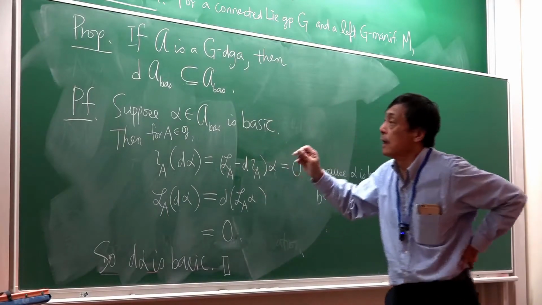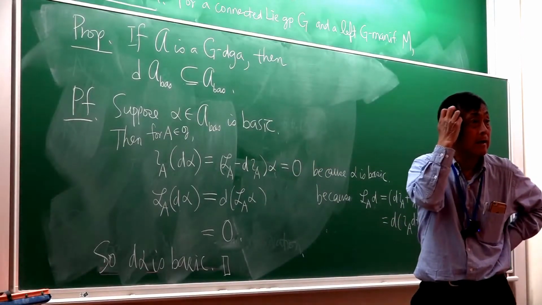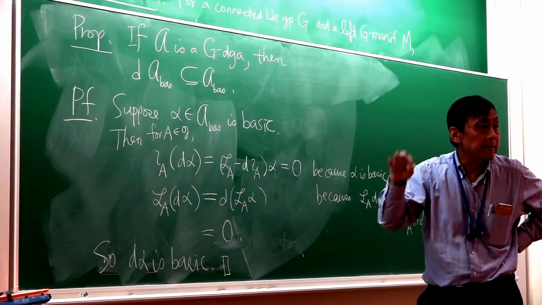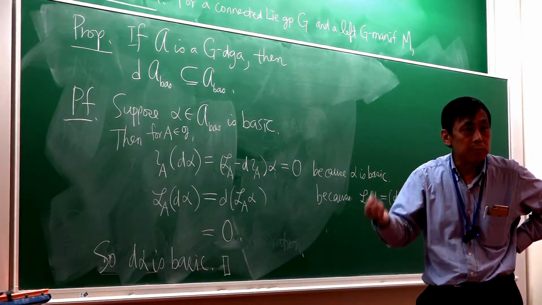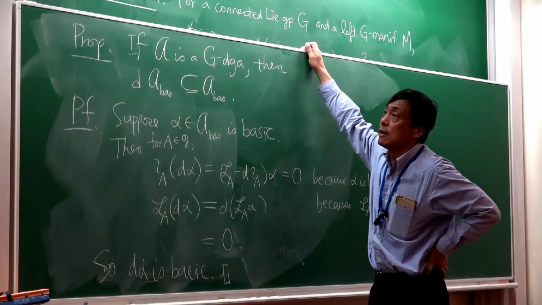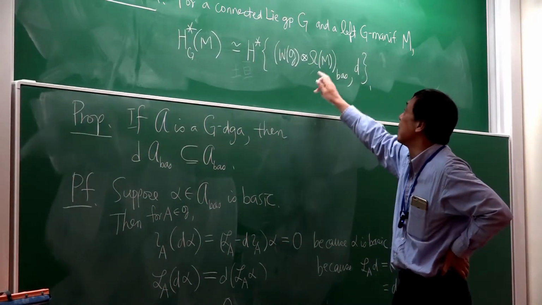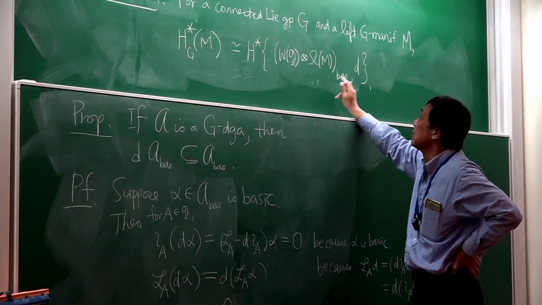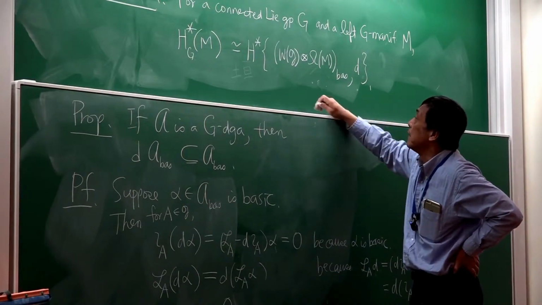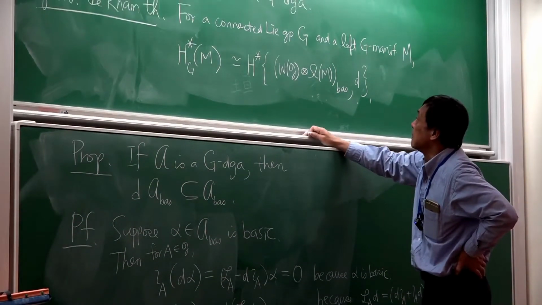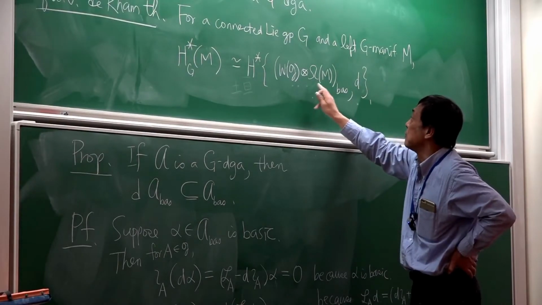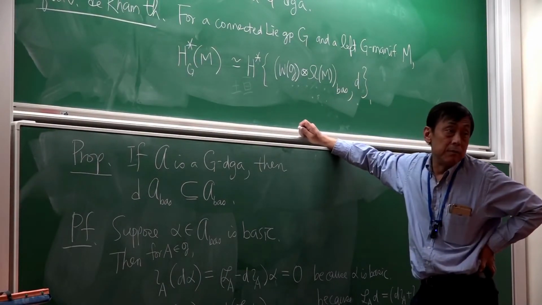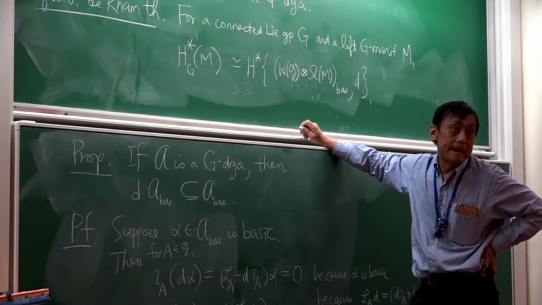Okay? And yeah. So that says that the basic elements form a subcomplex. Therefore, you can compute its cohomology. And the theorem is that if you compute the cohomology of the basic elements in WG tensor omega M, you get equivariant cohomology.